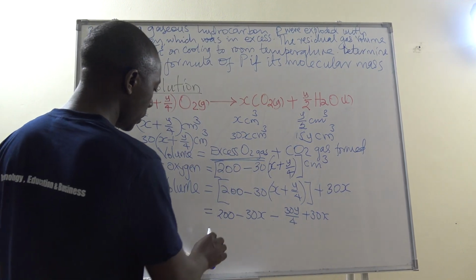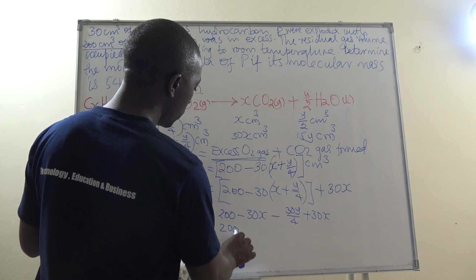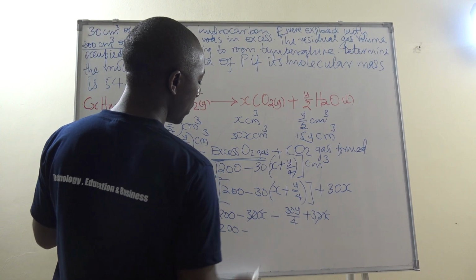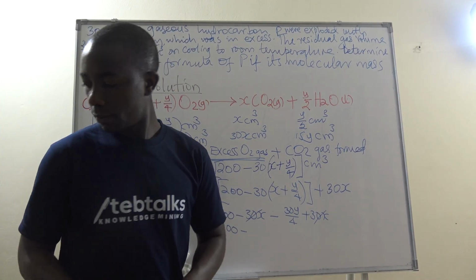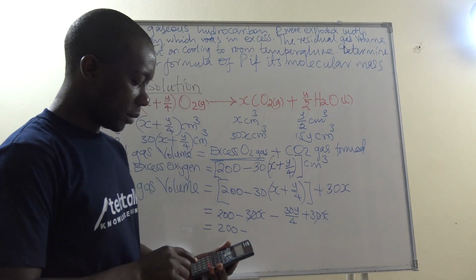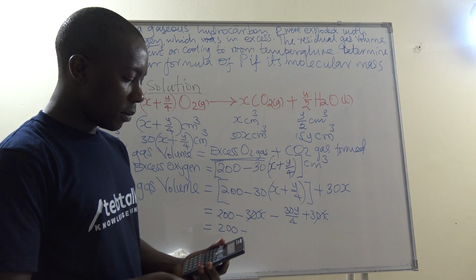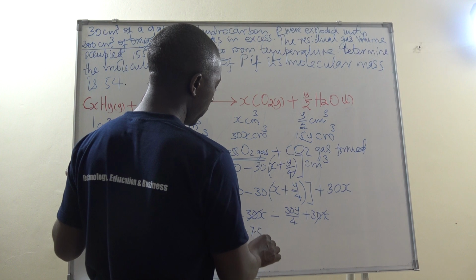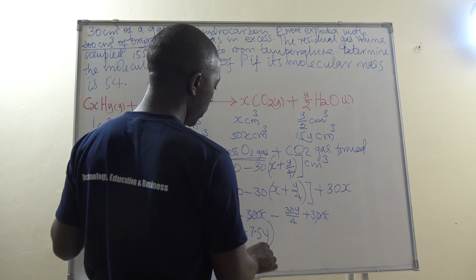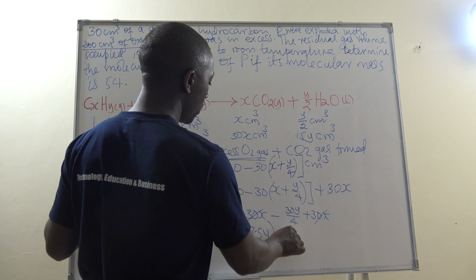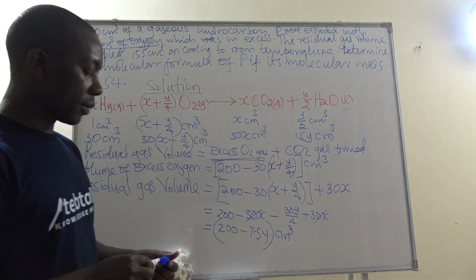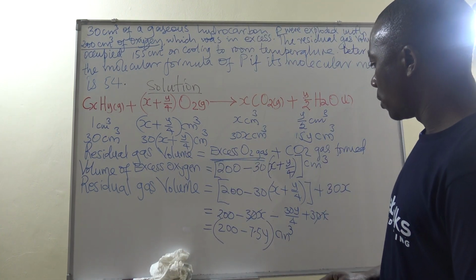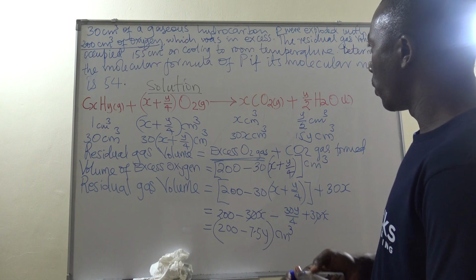So when we simplify that, the 30x will cancel definitely with the other one, then 30 divided by 4, we obtain 7.5, so 7.5y. So now this one is the volume of the residual gas, or we can call it residual gas volume. So residual gas volume is definitely 200 minus 7.5y.